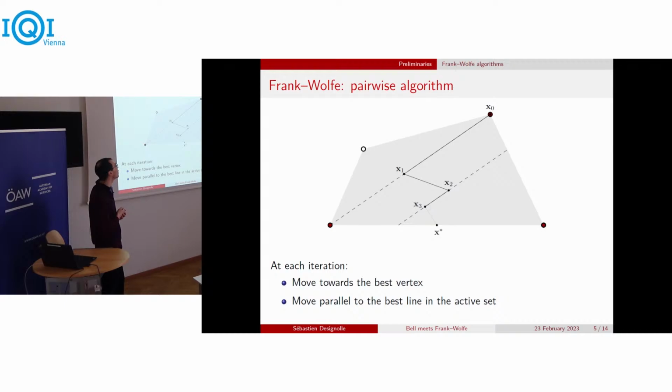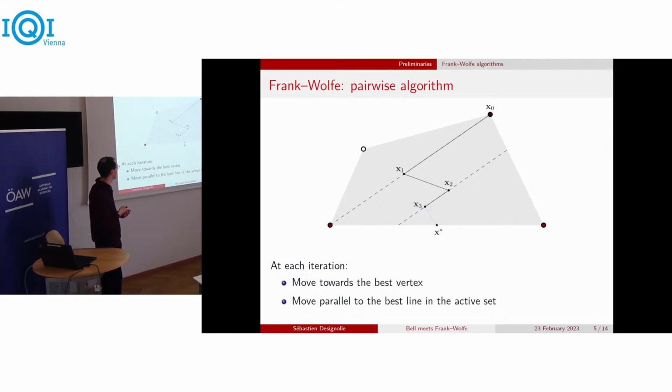So I typically want to shift some weight from this vertex to this one in order to reduce the weight that this one has, because it's so bad, let's say. And the way you do it, geometrically, is to move on this line, which is parallel to this one. And you stop, as usually, when you have reached the point closest to your objective.